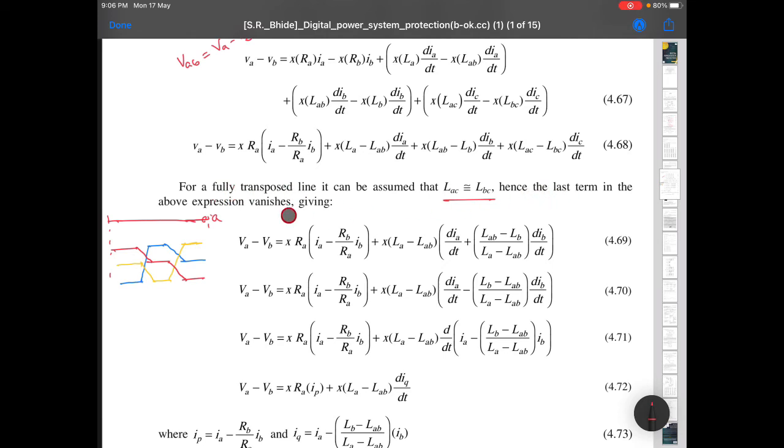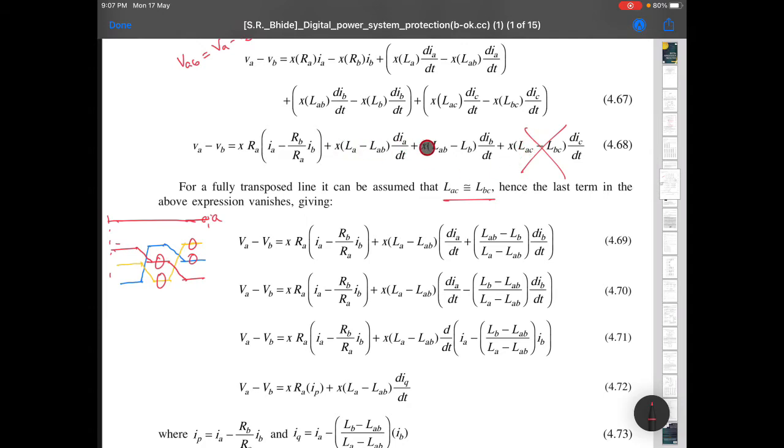Hence the term in the above expression vanishes. Which one vanishes? This term, LAC and LBC. Between A and C, whatever is being generated will be equal to what is generated between B and C. So once they are equal, this term vanishes, and this term is no more now.